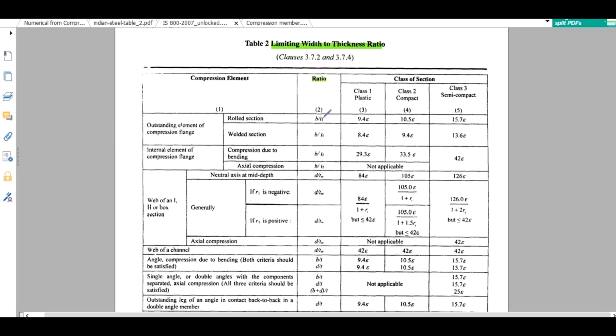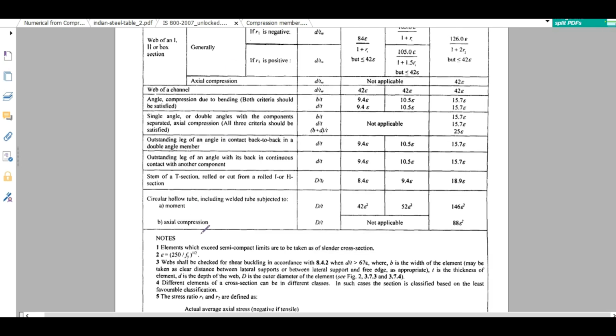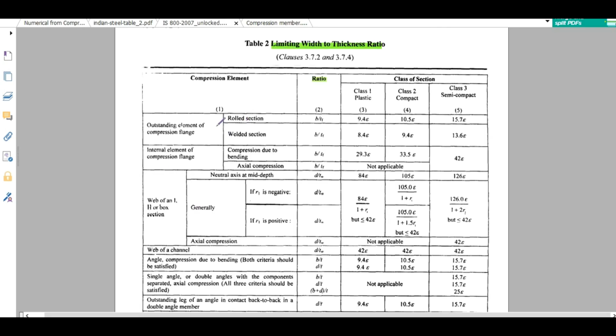Here it is mentioned: b by tf, b by tf, like this, breadth by thickness or depth by thickness. Suppose you are dealing with one particular cross section, so you have to see in which category it will come. From this column you have to select that particular row in which category this compression element will come. Then, suppose your compression member is coming within this category, you have to see this b by tf, and verify in which category it is coming.